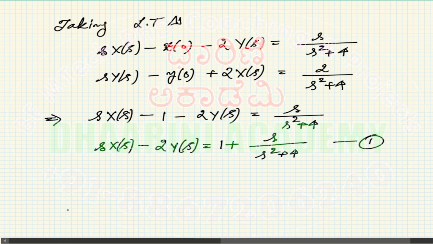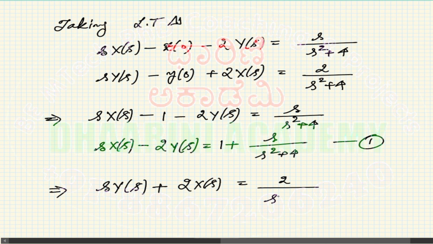In the second equation, I'll apply the initial conditions first. So this is s into Y of s. Y of 0 is 0, so we will not write that. Plus 2 times X of s is equal to 2 divided by s square plus 4. So this is equation number 2.